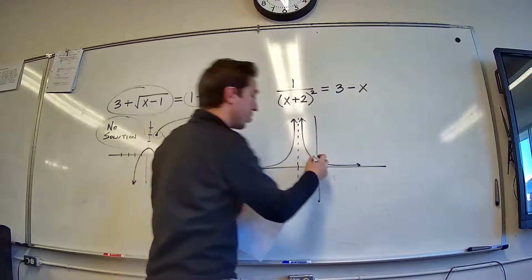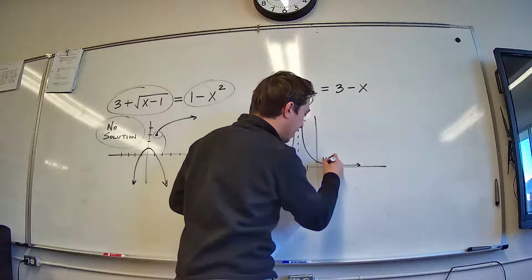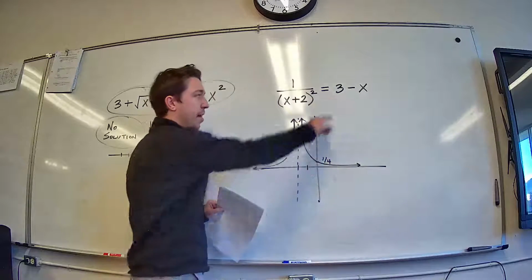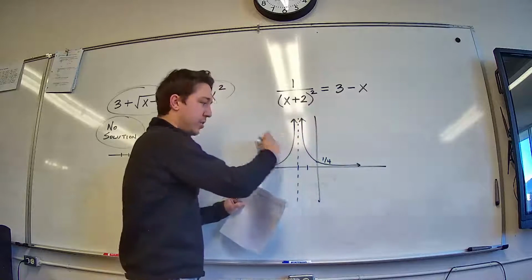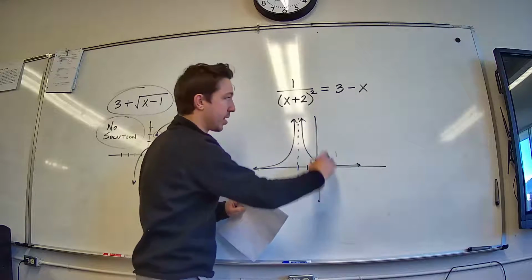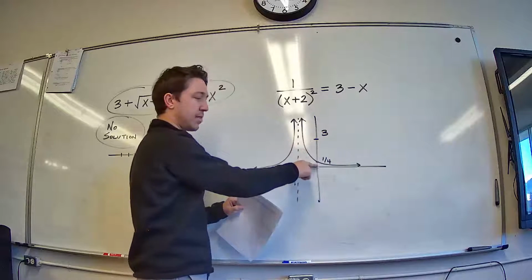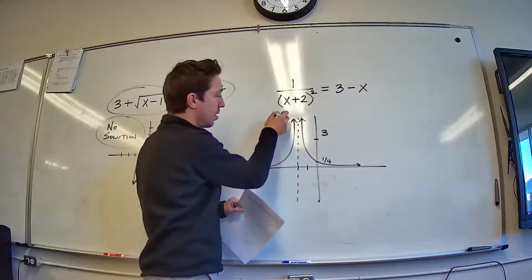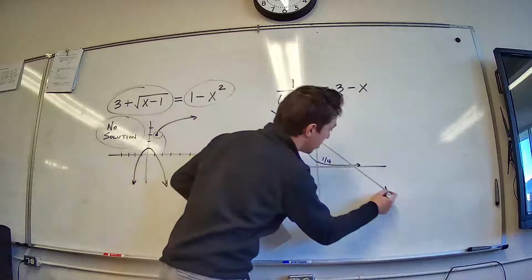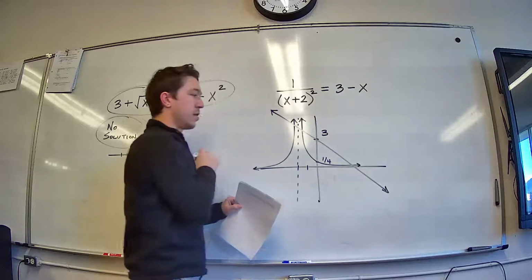So this right here is a quarter. Now, why do I care about that? I just want to make sure that when I graph this guy, I don't accidentally go below that, because 3 is way up here relative to that y-intercept. Make sense?